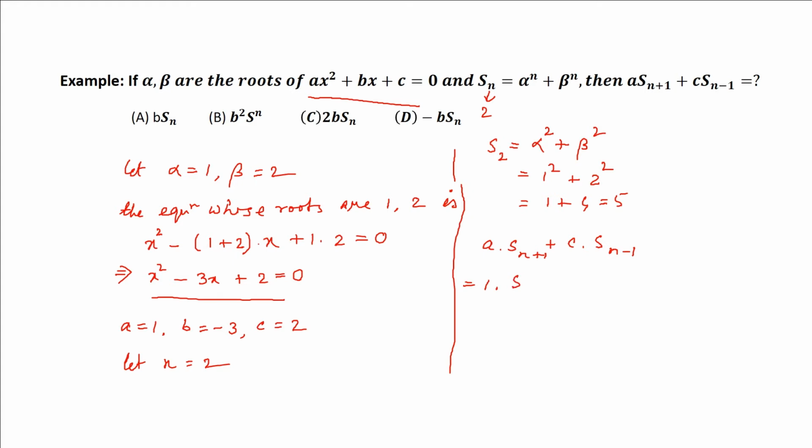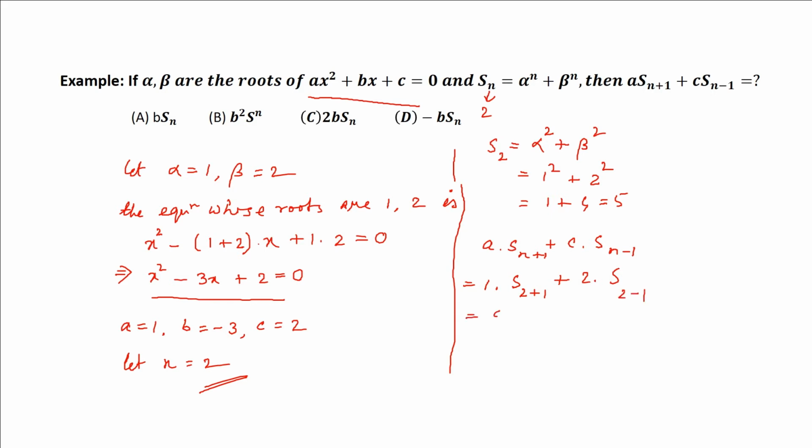We assume here n equal to 2. So S2 plus 1 plus c, that is 2 into S2 minus 1.